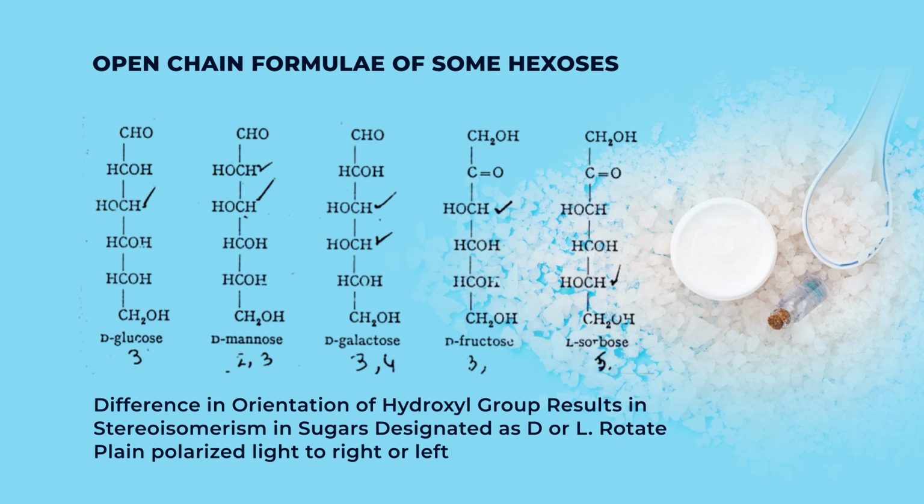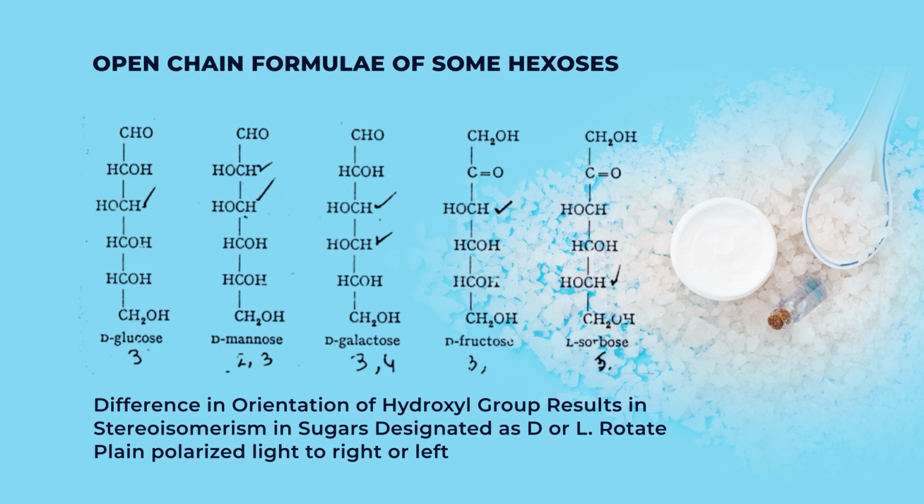The OH group in mannose is on a different side as compared to glucose. Similarly, if you compare fructose and sorbose, you can see the OH group has a different orientation. In sorbose, it is on the left, and in fructose, it is on the right.